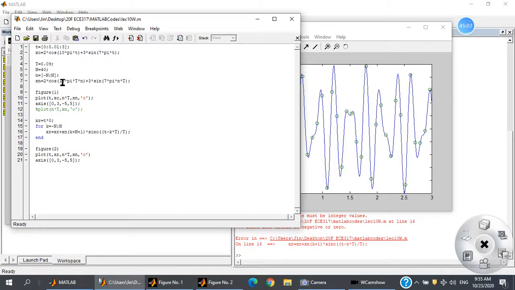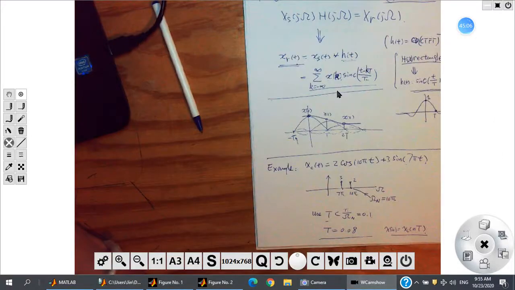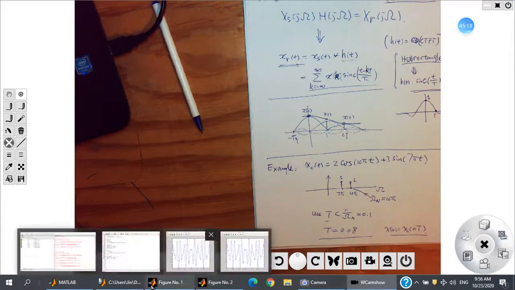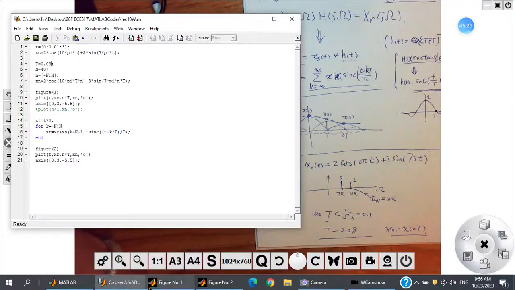But in this formula, we suppose the summation runs from negative infinity to positive infinity. Here you have infinite terms, and when you do the calculation, you only have finite.